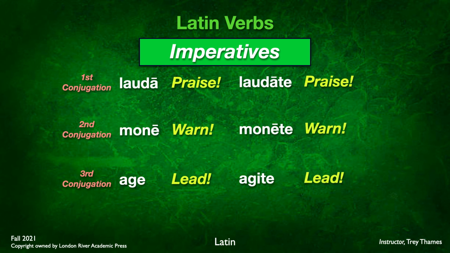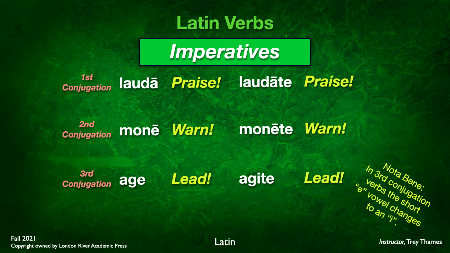Now the plural was formed by taking that same stem, lauda, and adding a te. So we got laudate, praise, a command to more than one person. Mone becomes monete, warn, again, to more than one person. Now here, again, third conjugation you got to pay attention to. It's not just A-G-E-T-E, but that short E once again shifts to an I. So we end up with agite, lead, a command to more than one person, agite.